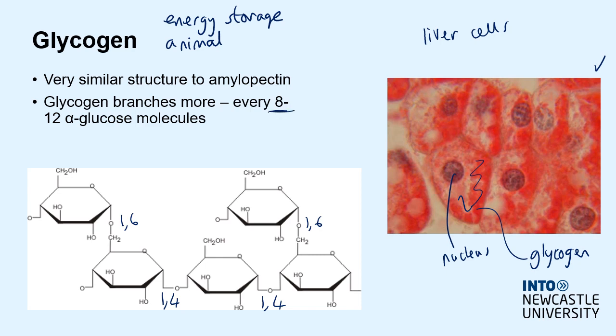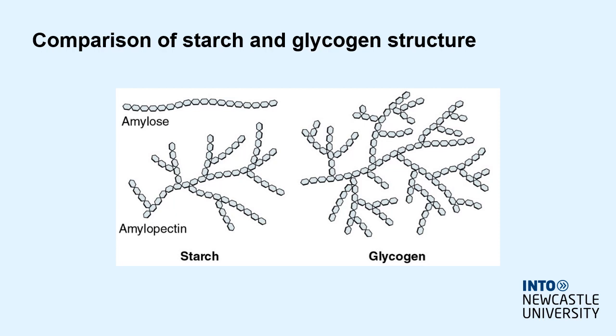Glycogen branches every 8 to 12 molecules. Hopefully you can see it on this cartoon here. We have starch on the left, a mixture of amylose and amylopectin. Glycogen is just made of glycogen, with more branches.